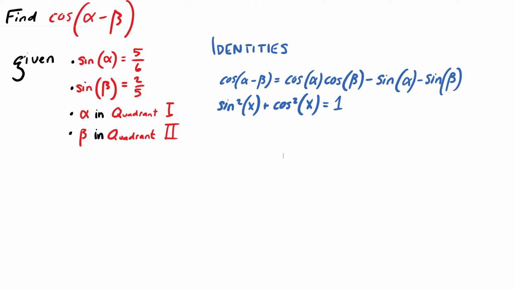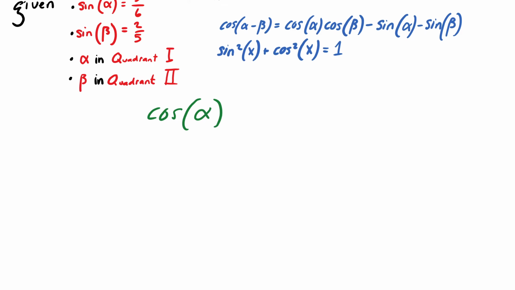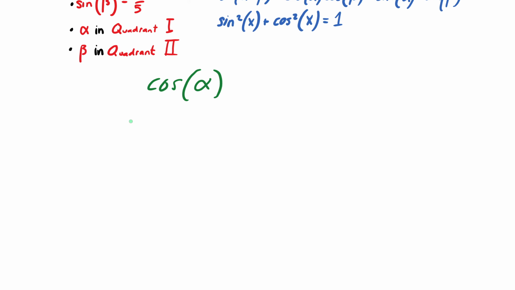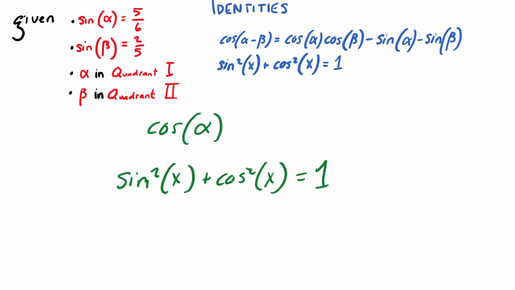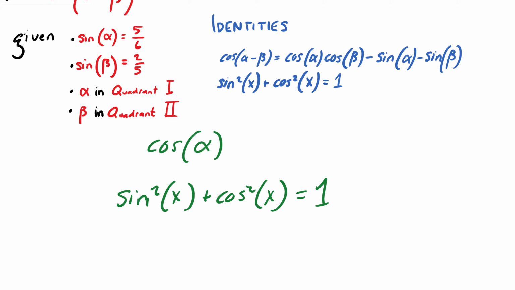So let's start off with finding cosine of alpha. In order to find this, we're going to be using the Pythagorean identity: sine of x squared plus cosine of x squared equals 1. And we know one of these things, it's sine x.